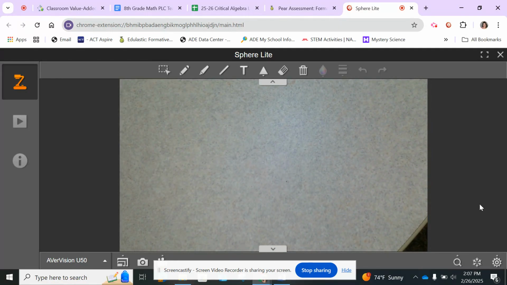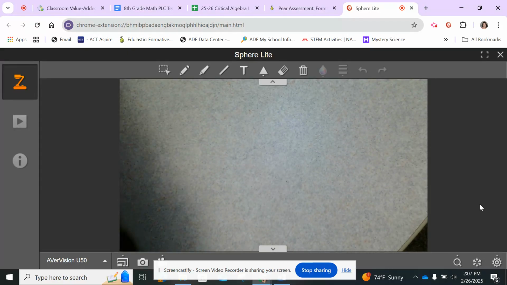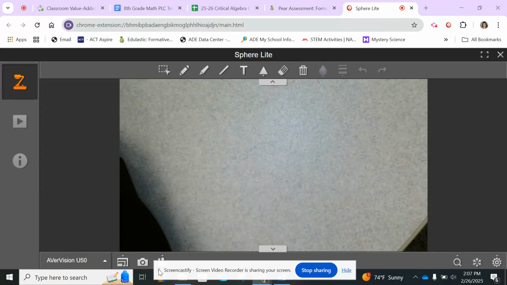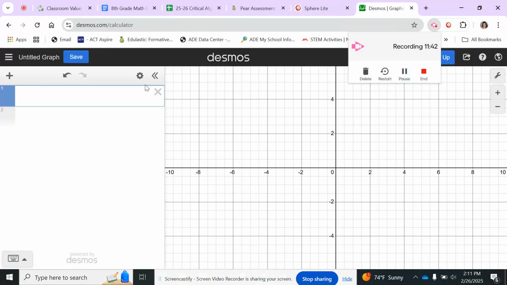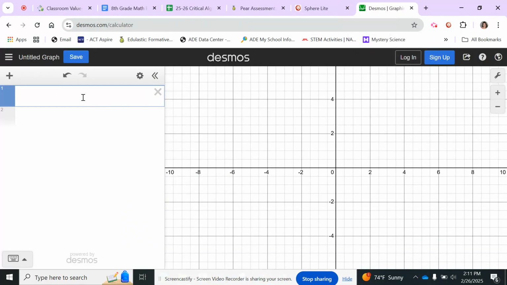And then the last thing we're going to do is look at doing one on the calculator. So now let's say that you are given an equation. You struggle sometimes with making sure that you put it in slope-intercept form correctly.